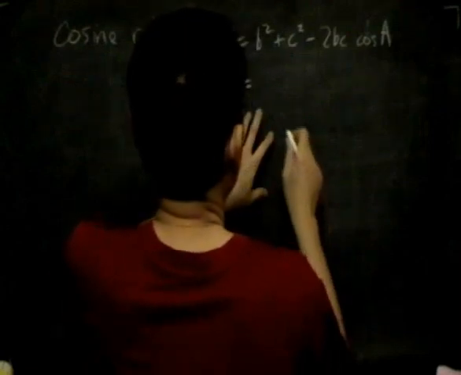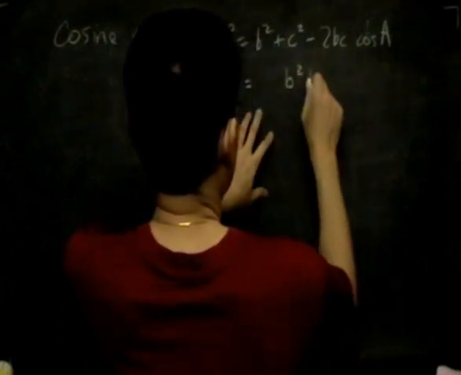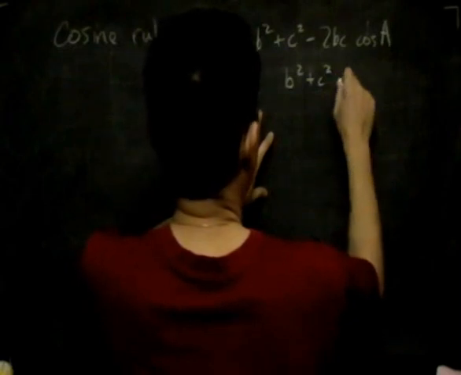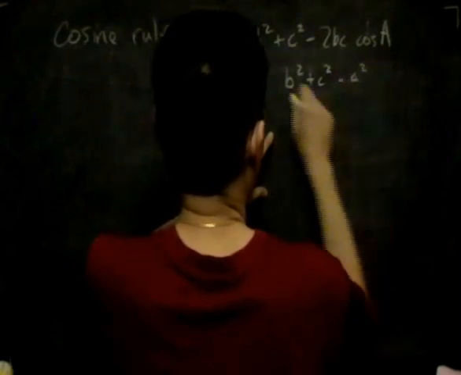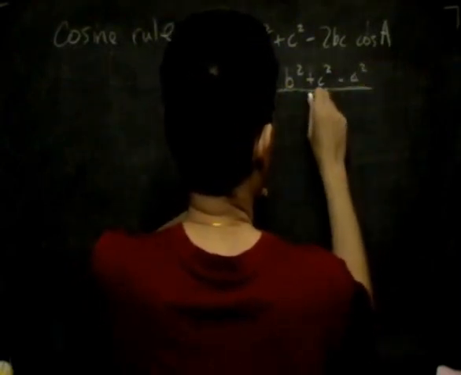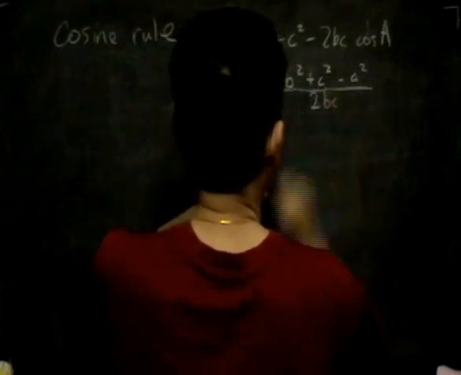cosine A is equal to b squared plus c squared minus a squared over 2bc.